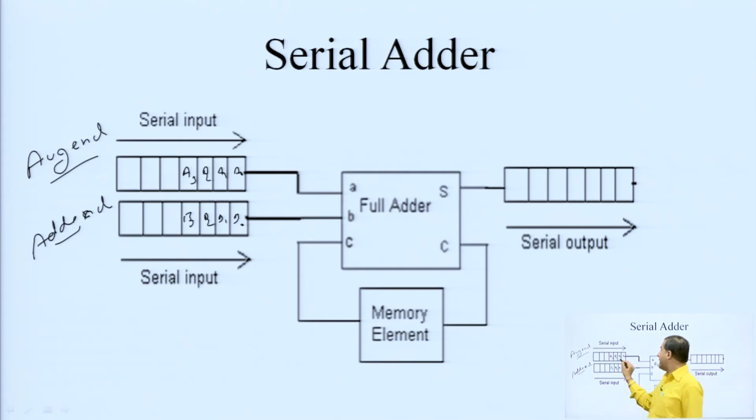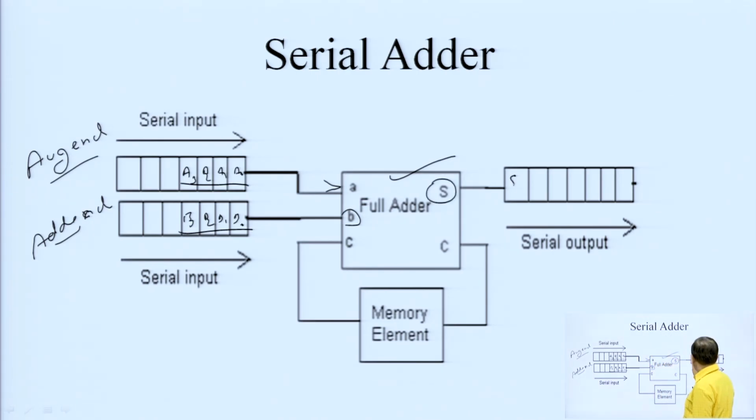Here we are taking 4 bits: A3, A2, A1 and A0, and B3, B2, B1 and B0. Okay. So, now here again we are using a full adder. The first input A comes from A3, A2, A1, A0, this is B, and the sum will be S3, S2, S1 and S0.